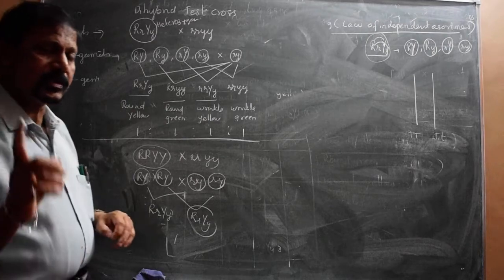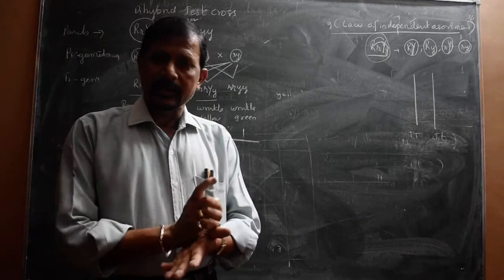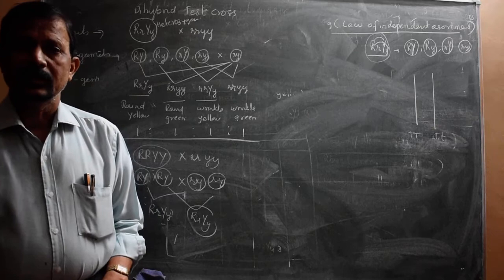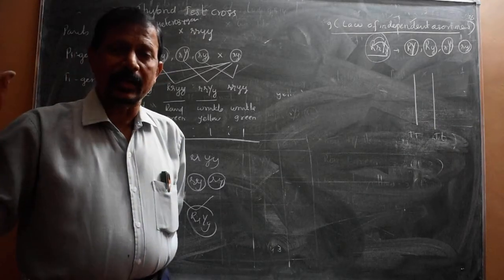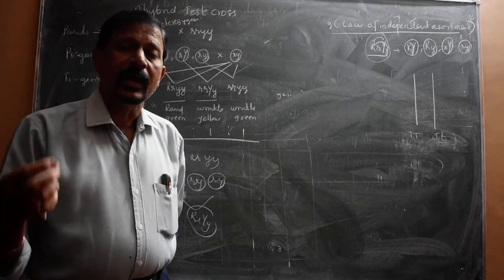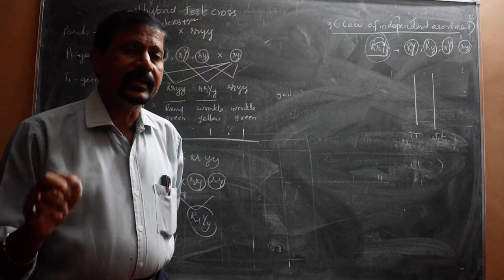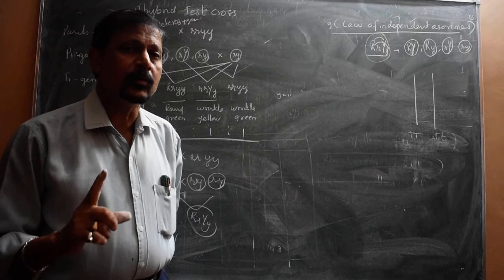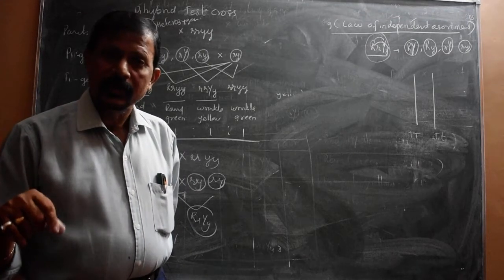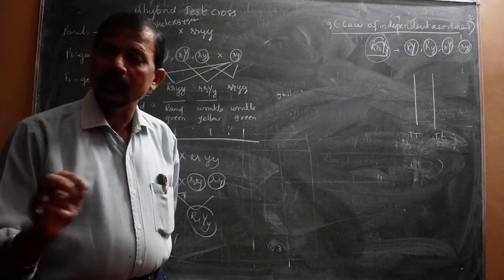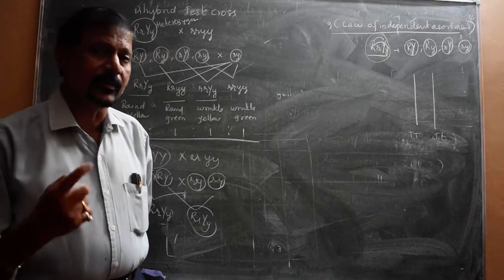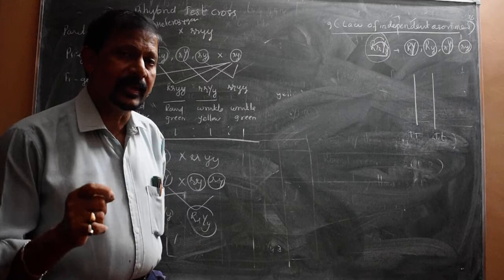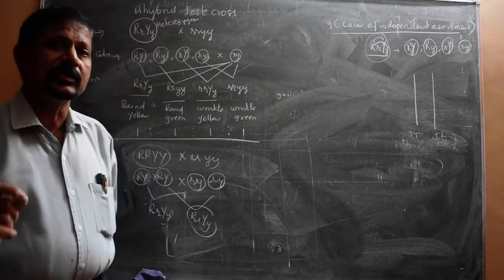So you must remember that when in any generation you get one type of plant in one ratio, we must know that the dominant plant taken is homozygous. If in any generation different types of plants come out in different ratios, that exactly means the dominant plant was heterozygous.